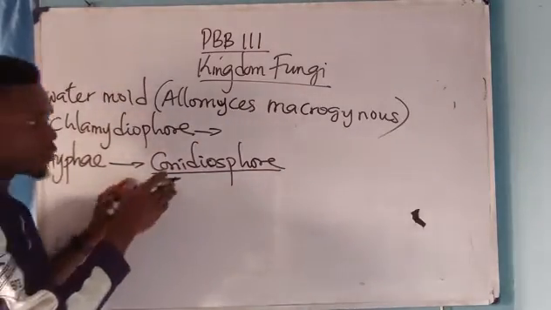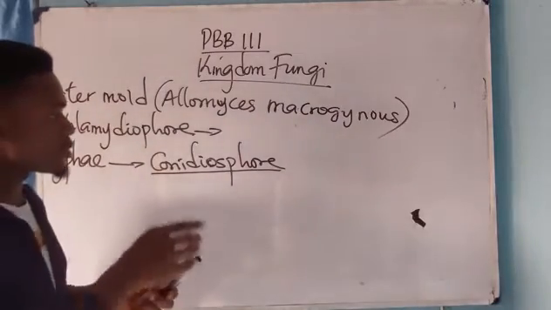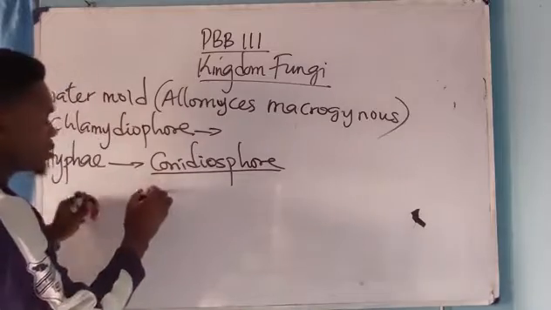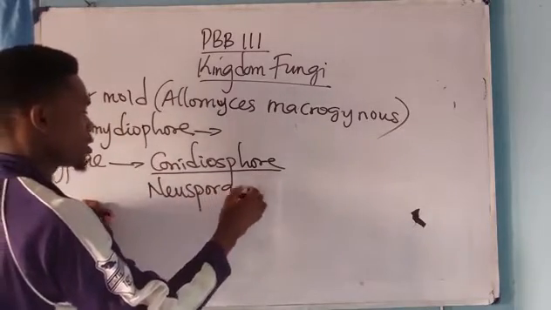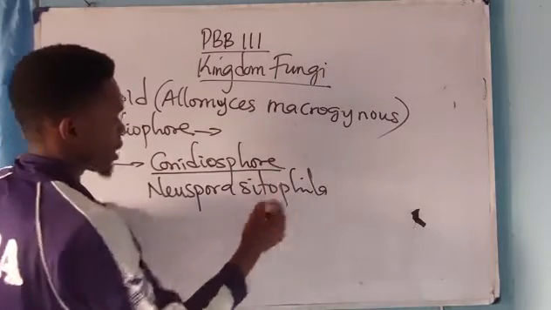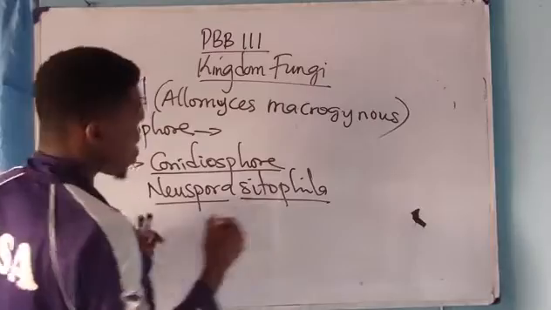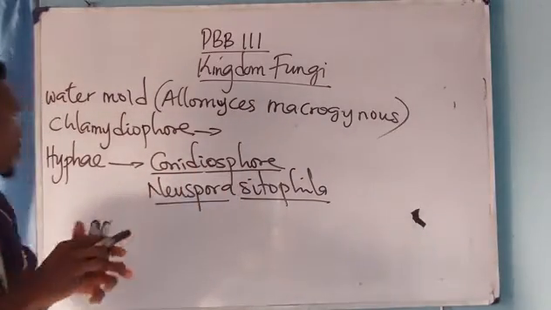They are found in the conidia. A good example of a fungus that produces conidiospores is Neurospora cytophila. Neurospora cytophila produces conidiospores found in the hyphae.